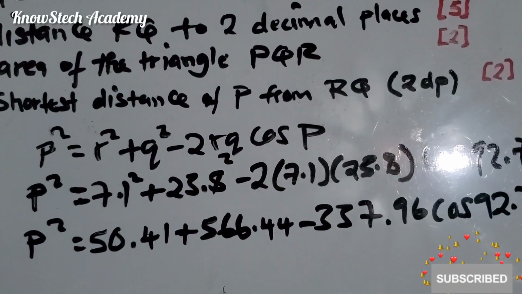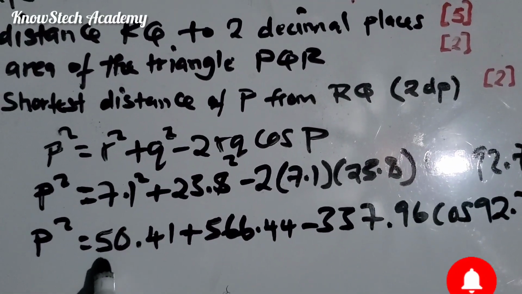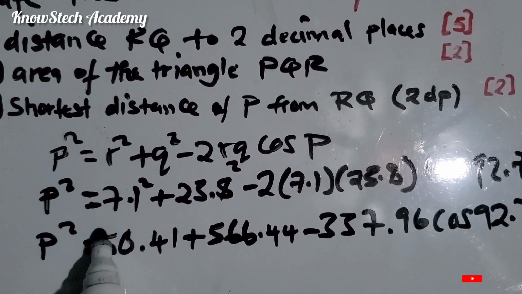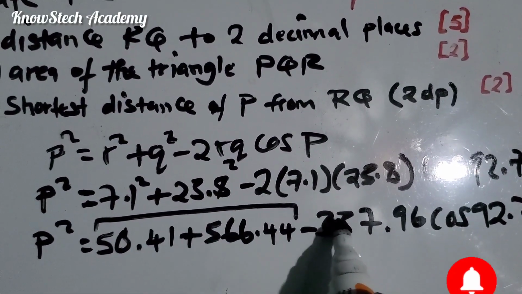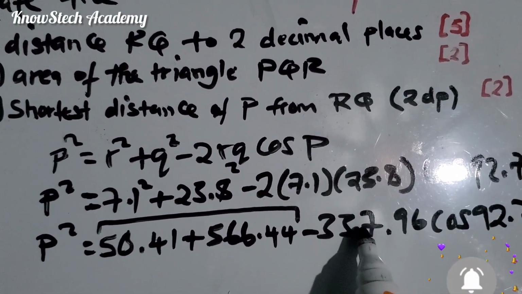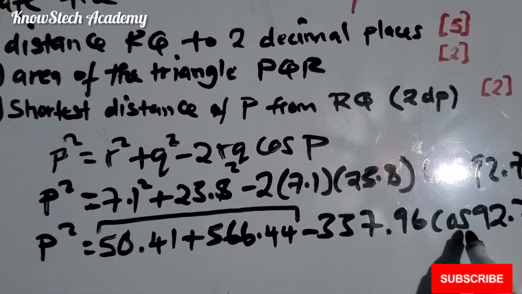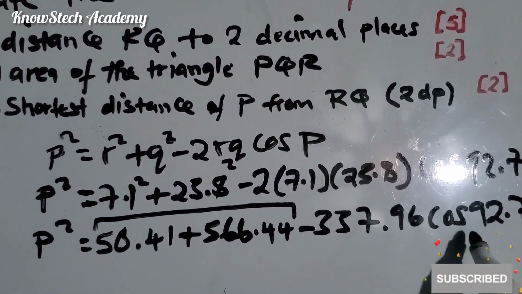So when you look at this, let's add the first two, which are these. We can't subtract this one with this one because this one is attached to the cos of this angle, so they are not like terms.